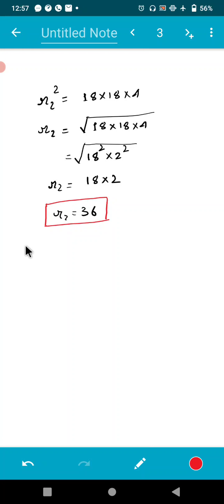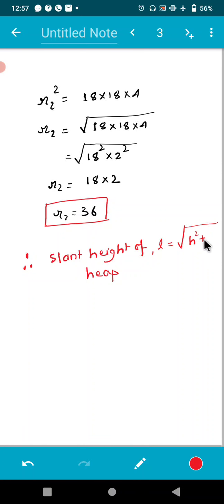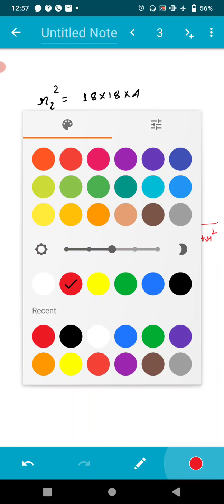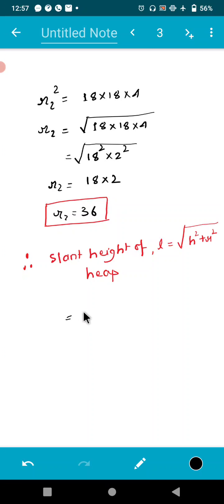Now at last we have to find the slant height of the heap, which is considered as L, and that would be equal to the square root of h square plus r square. Now let's substitute the values. What is h?